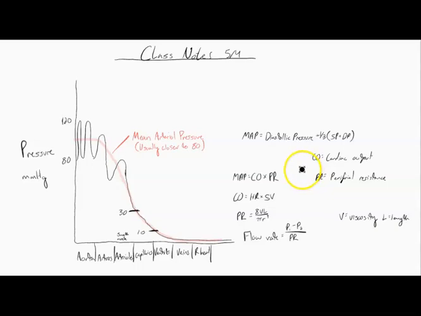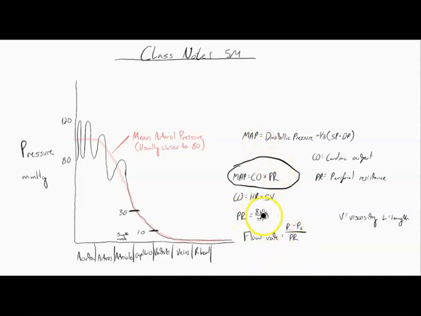So we've got this little equation here: MAP equals cardiac output times peripheral resistance. And we're going to get peripheral resistance from this little equation, 8 times your viscosity times your length divided by pi r to the fourth.